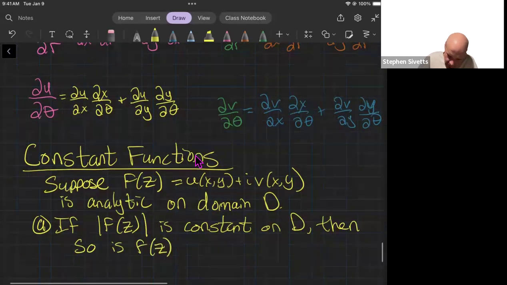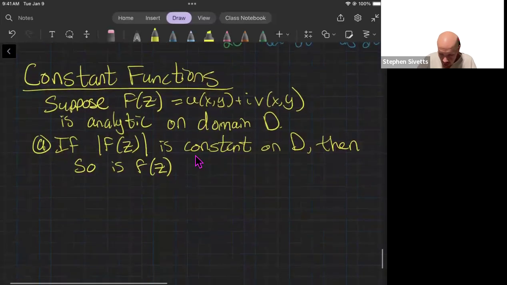So if the modulus of f of z is the same on all points in your domain D, then you can say that f of z is constant.